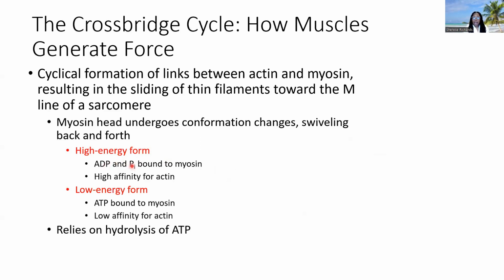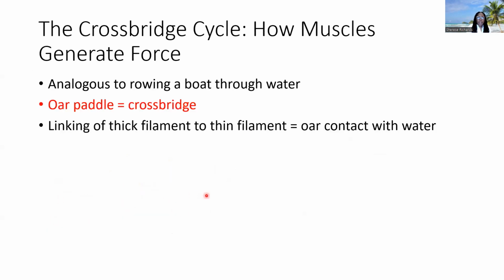And this is where actin and myosin have a strong attraction, versus the low energy form, which is when the ATP is bound, but it's not hydrolyzed, it's not cleaved. And so myosin does not have a strong affiliation. It's in fact unattracted and doesn't want to interact with the actin, okay?